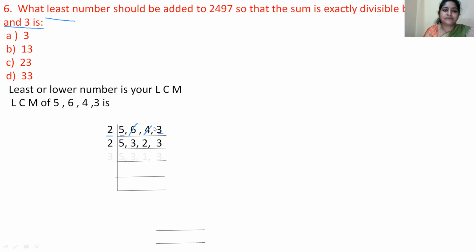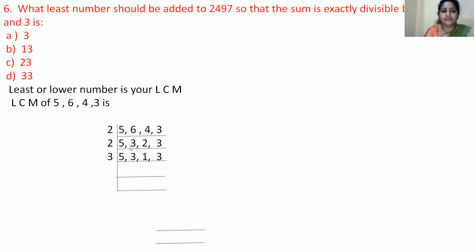Now we divide first the ones divisible by 2. 6 is divisible by 2, that is 2 3s are 6, 2 2s are 4. So these two numbers will be divided by 2. Again here we can observe we have 2 in this second row.